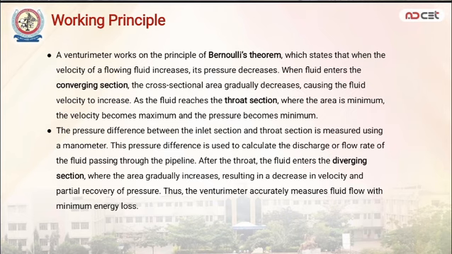The pressure difference between the inlet and throat section is measured using a manometer and is used to calculate the discharge of the fluid passing through the pipeline. After that, in the diverging section, the area gradually increases, resulting in a decrease in velocity and partially recovering the pressure.